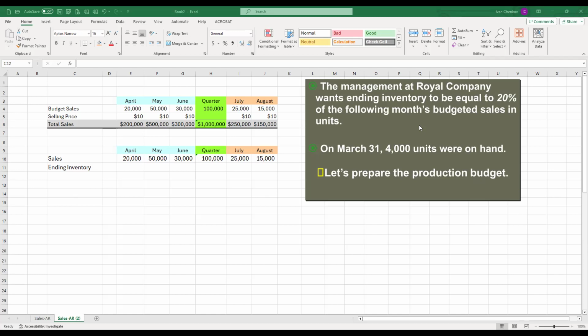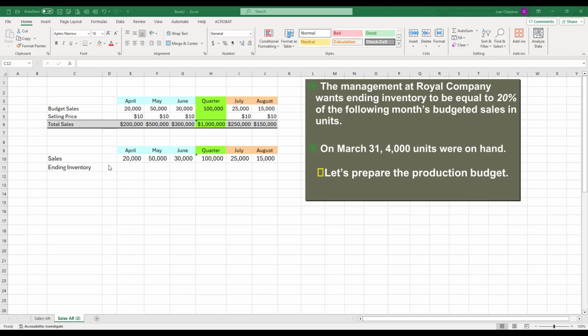So if you have coffee only till 10 o'clock, you're in trouble. You should have coffee at least to 11 o'clock. Okay, so for that reason, this company probably ran out of inventory. They learned their lesson. Now they don't want to run out of inventory. That's why they require at the end of the month to have 20% of the following month's sales.